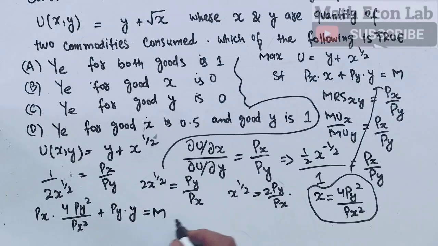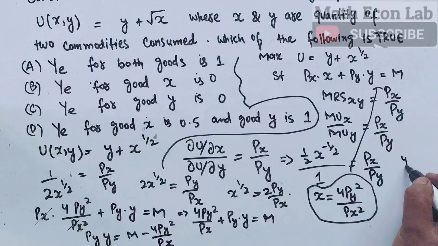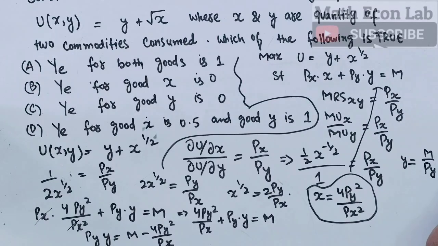Solve for y, so y will be equal to, so here 1x gets cancelled, so we get 4 py square divided by px plus py times y is equal to m, or py times y is equal to m minus 4 py square divided by px, or if I write it here, y will be equal to, transpose this, it gets divided, so m divided by py minus 4 py square divided by px.